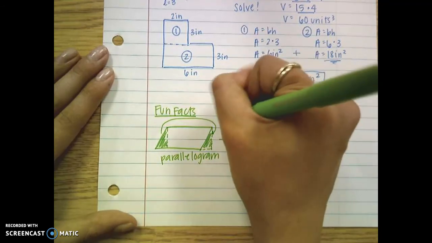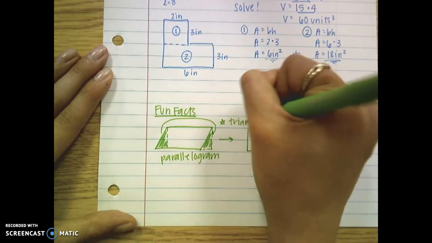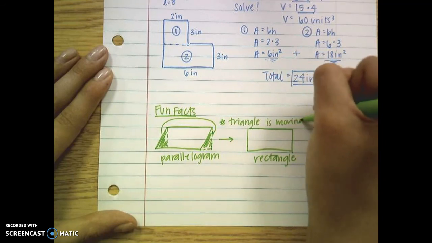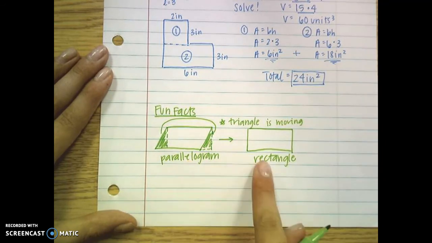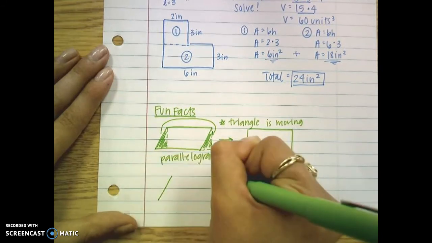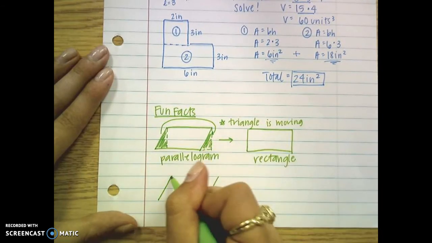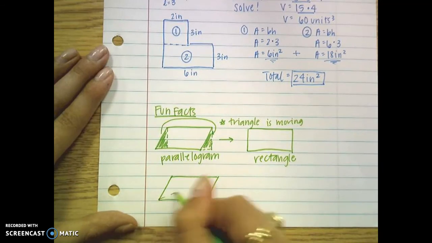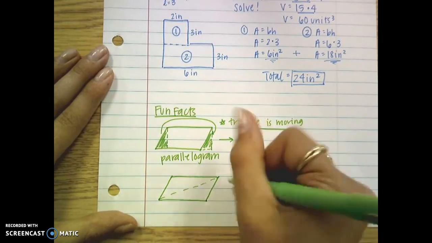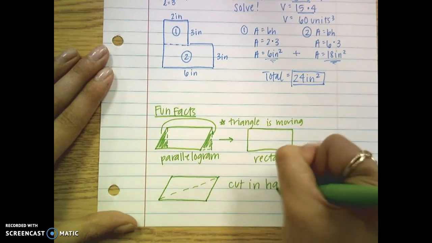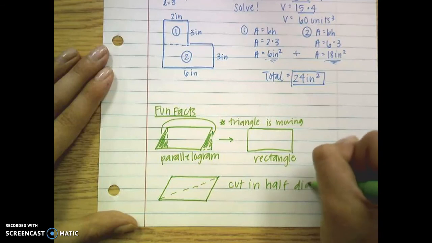So the triangle is moving to go from a parallelogram to a rectangle. Very last thing, I have a different parallelogram, and I cut it in half diagonally.